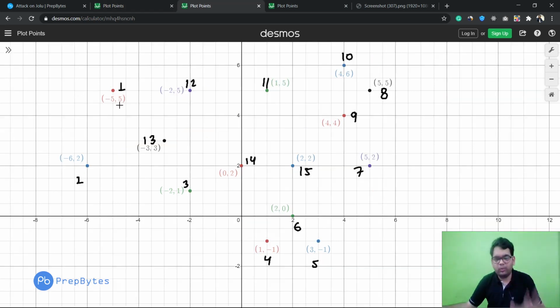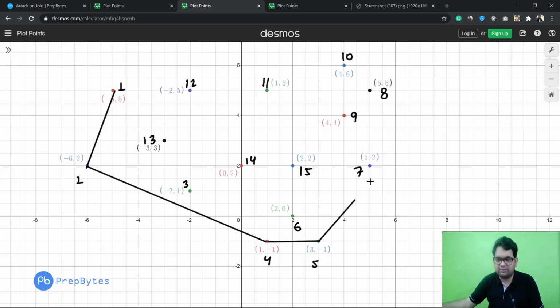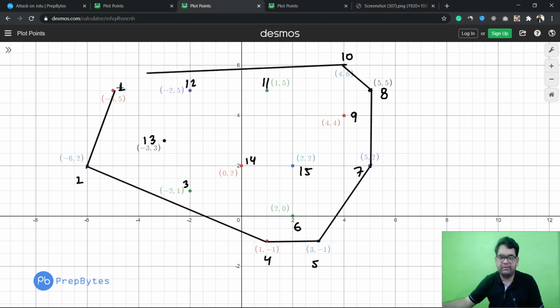So using convex hull, let's create this particular boundary. These points will be joined, and we'll have 7 such points on the boundary. These will be my encamped houses, that is 1, 2, 4, 5, 7, 8, 10.